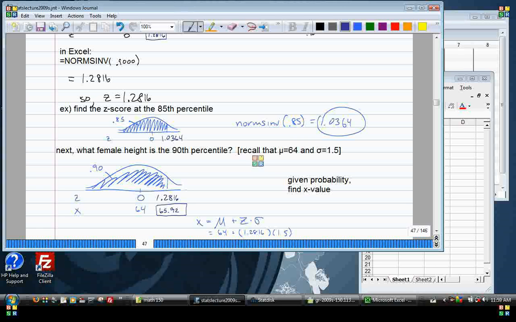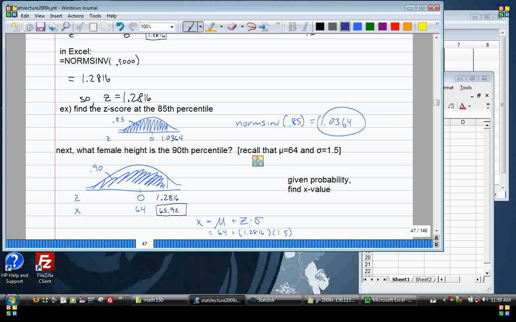All right. So, one more thing. In this last example, what did we have to do? I said what female height is the 90th percentile. So basically, you were given the probability, and then we found the z-score, and then we used the z-score to find the height. Well, once again, Excel gives us a way to skip over the z-score step.